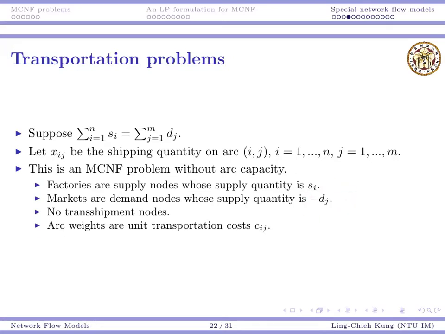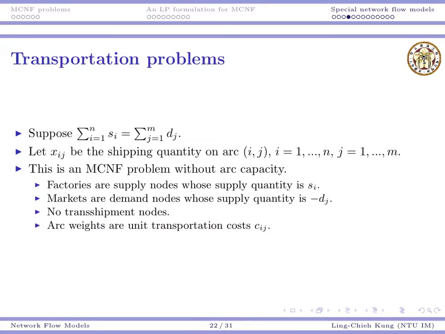Why? Because we are describing a transportation problem as an MCNF problem. In MCNF problems, all the nodes have a supply quantity, and if that quantity is negative, then this is a demand node. For markets, Dj is of course positive. Then when we translate it into an MCNF problem, it will become negative Dj. There are no transshipment nodes, and all the weights are unit transportation cost, Cij.